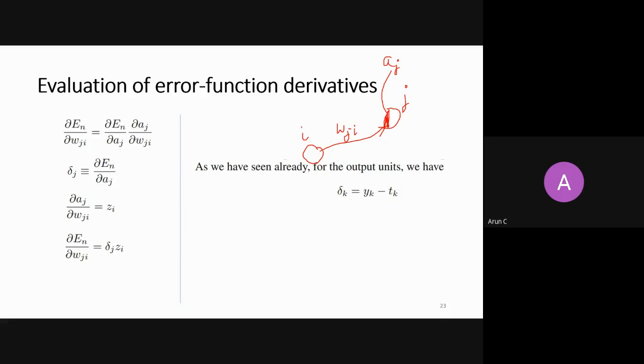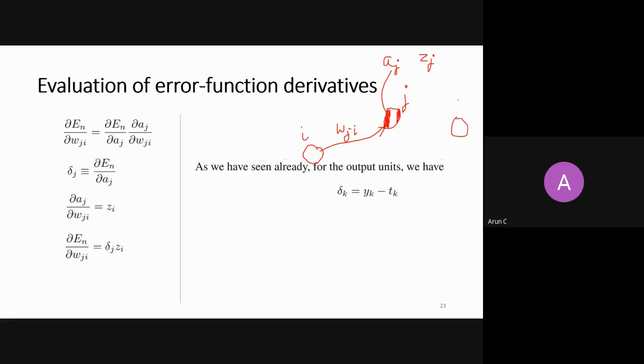If an edge goes from i to j, we represent that weight by the notation w subscript ji. The input of any node is represented as aj. If you apply a nonlinearity over aj, you get zj, and zj acts as the input for the next layer.